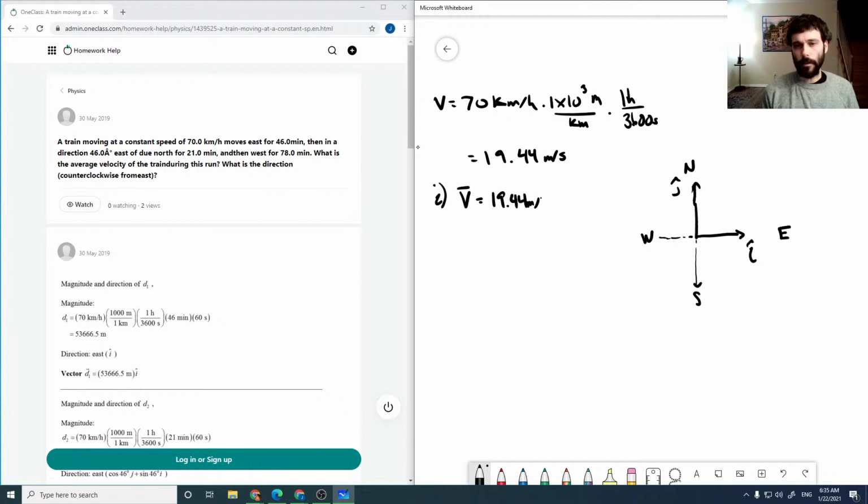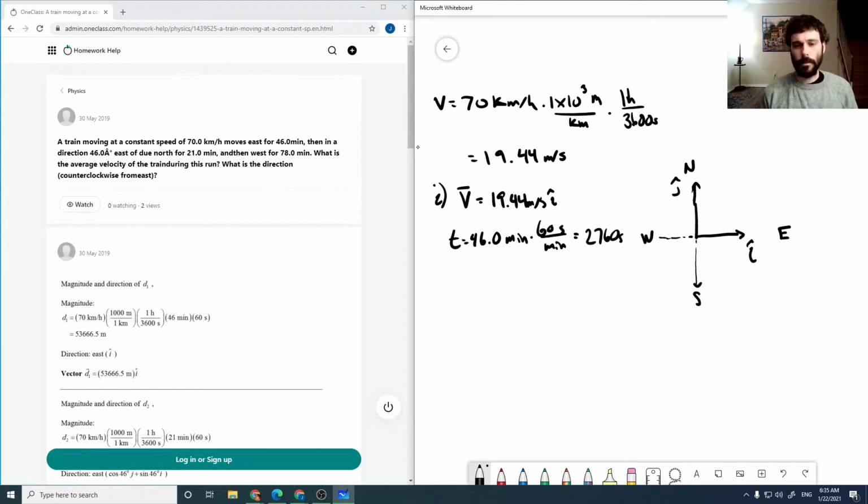19.44 meters per second i hat. My time is 46.0 minutes times 60 seconds per minute, which comes to 2760 seconds.